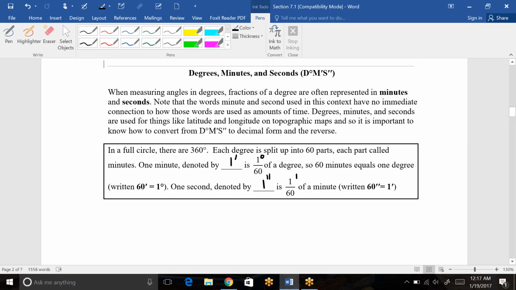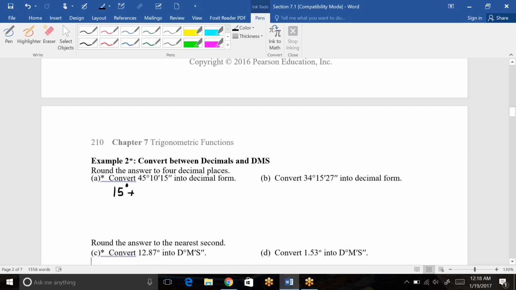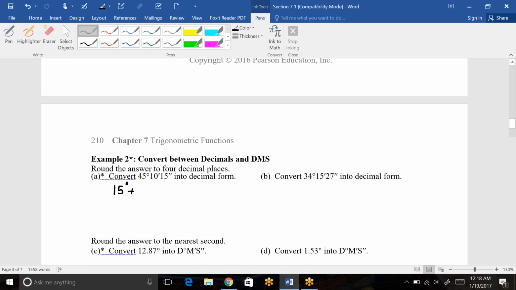We know that 1 minute is 1/60th of a degree. Or remember, you could write that as 60 minutes is 1 degree. So if we want to convert this back, we need to divide by 60, or multiply by 1/60 if you want to think of it that way.